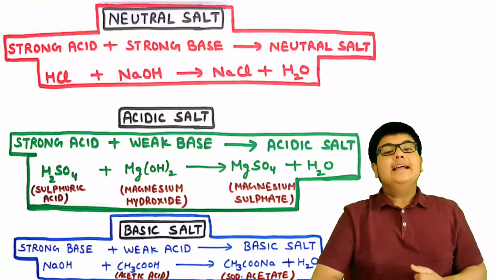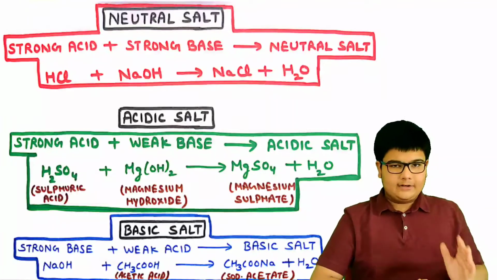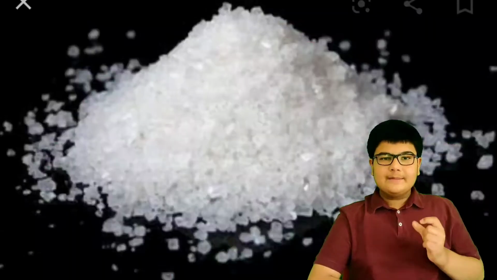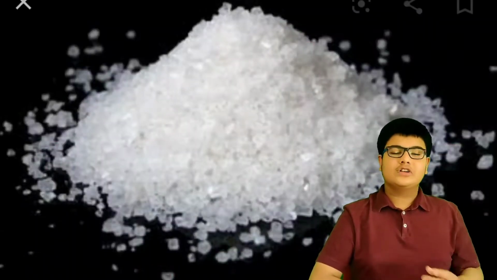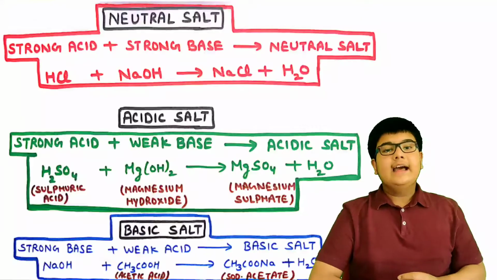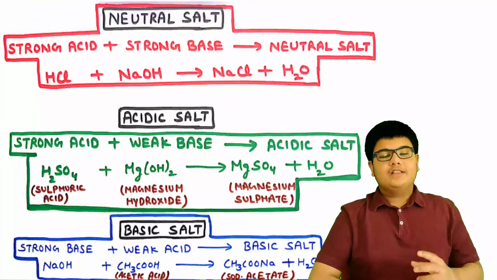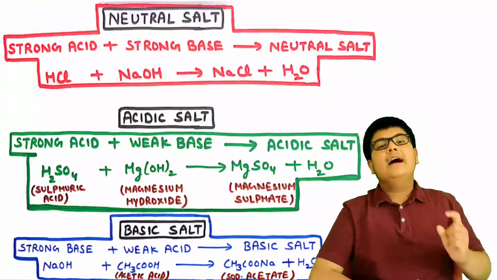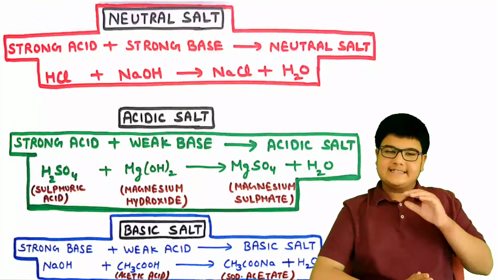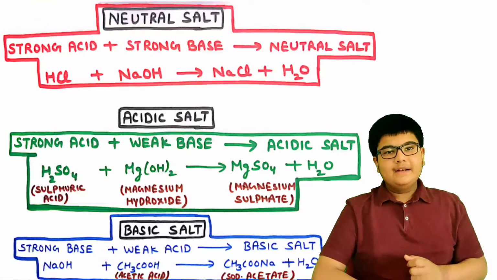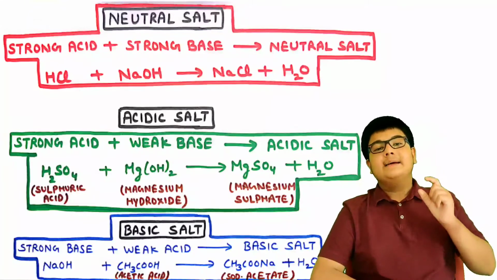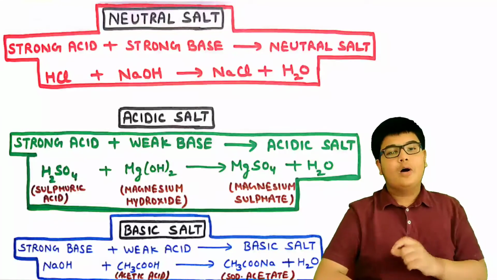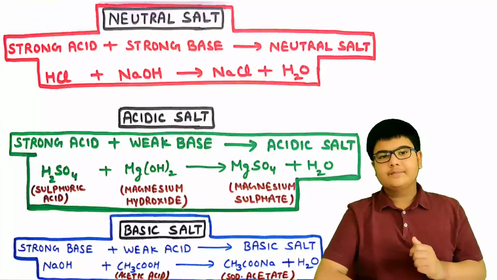For example, if we react hydrochloric acid and sodium hydroxide, then sodium chloride is formed, which is a neutral salt. Second, acidic salts. For this we react a strong acid and a weak base, then an acidic salt is formed with pH less than 7. For example, when sulfuric acid and magnesium hydroxide react, then magnesium sulfate is formed, which is an acidic salt.